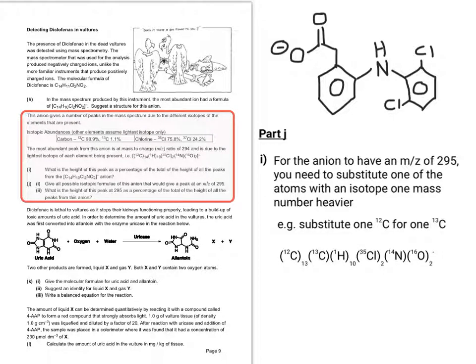So you have 14 carbons, 13 of them are carbon 12, one of them is carbon 13. So therefore you need to factor in 14 carbons and then do the same type of calculation as before. And that gives us 7.7%.